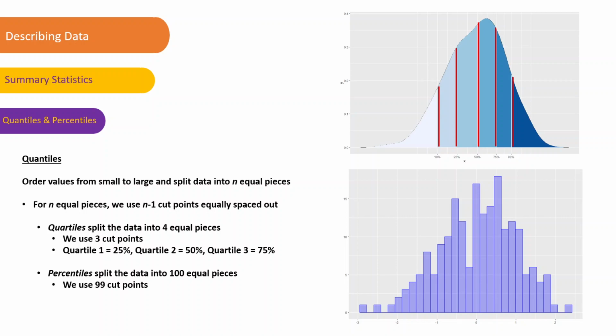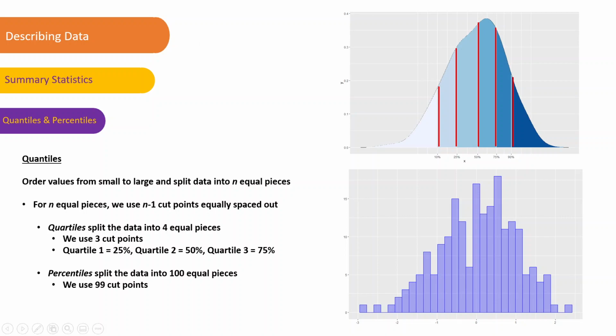So again, with quartiles, you're just cutting your data into 4 equal pieces that each contain 25% of your observations. And then with percentiles, you split the data into 100 equal pieces. So when you hear someone say they're in the 99th percentile, that means they have a score that falls above 99% of the other observations in your data set.